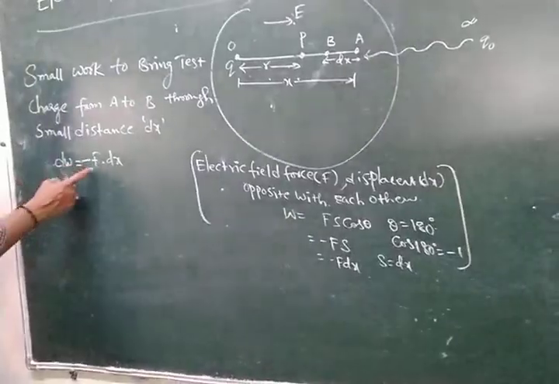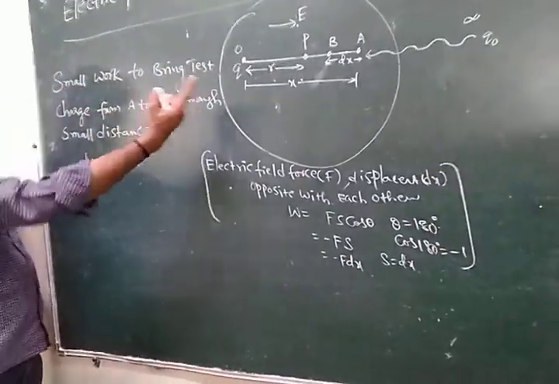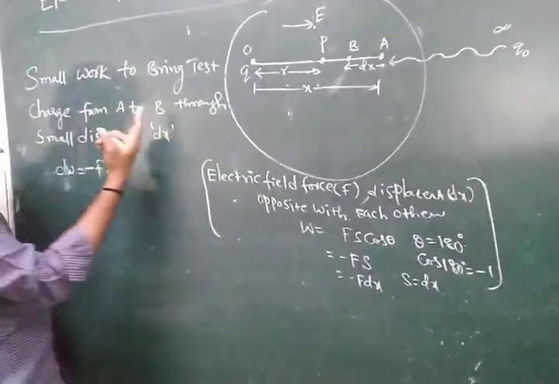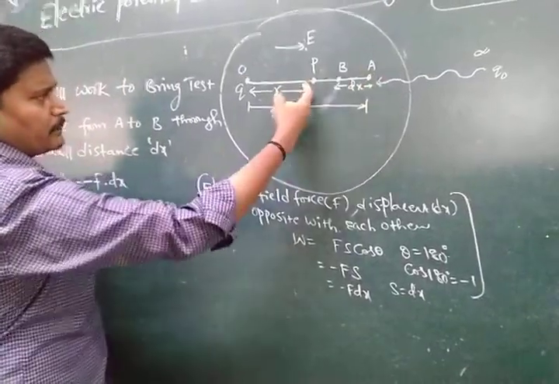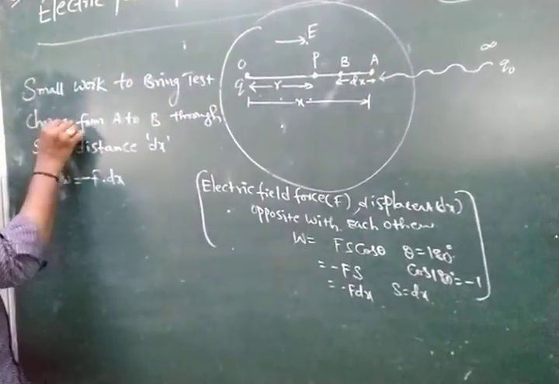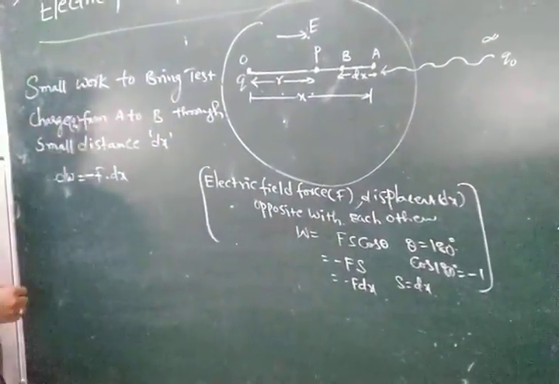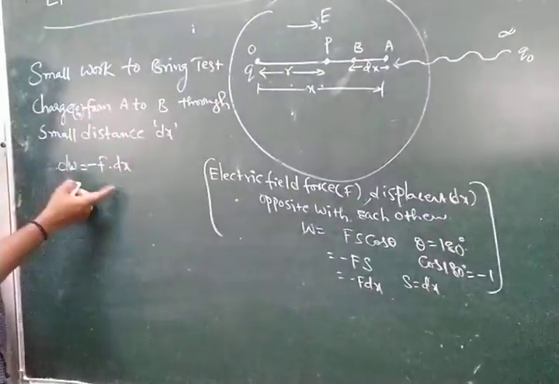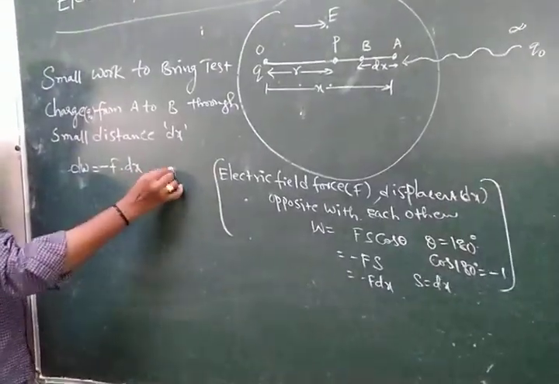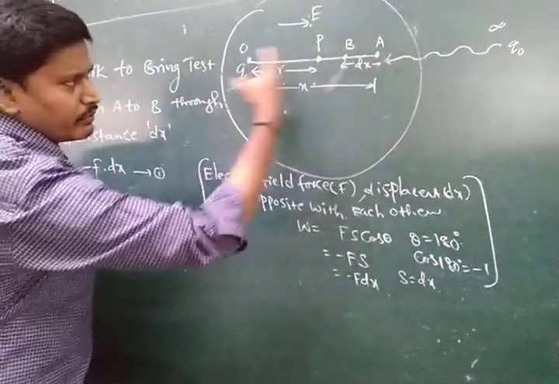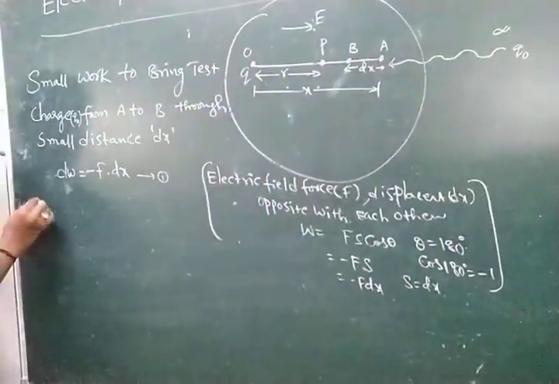Then this is the small work done to bring the test charge, which is Q, from point A to point B. This is equation 1. What is the electric force between the two charges?